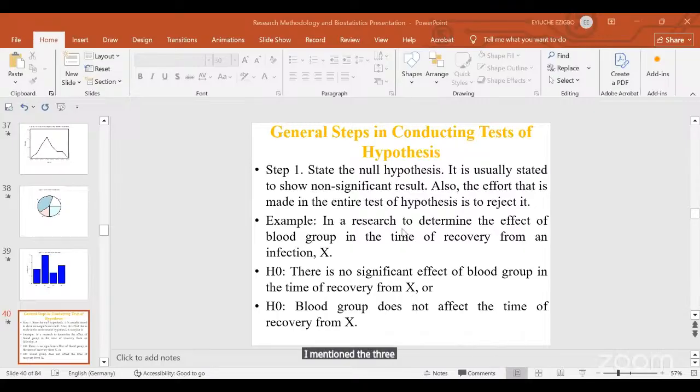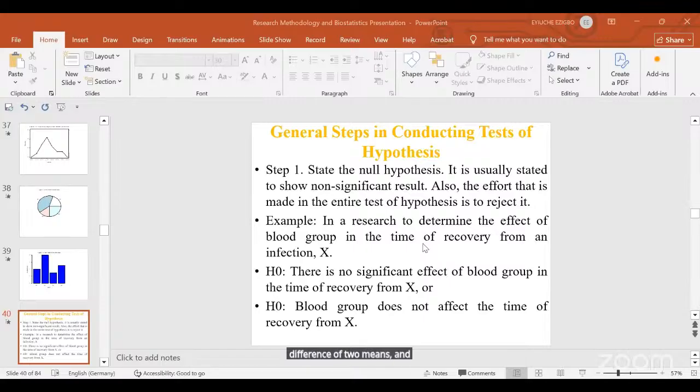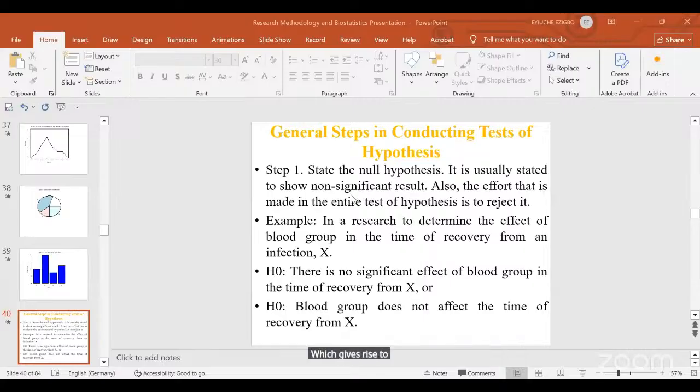I went further to mention tests of hypothesis involving a single mean, tests of hypothesis involving difference of two means, and tests of hypothesis involving several means. When it is just for the study variable, and when there is a variable that is correlated with the study variable, which gives rise to ANOVA and ANCOVA. I have mentioned all of this.